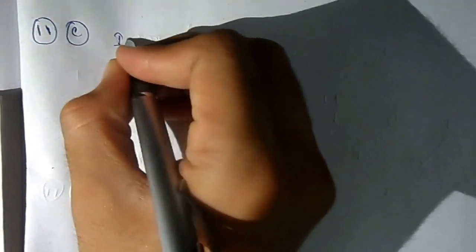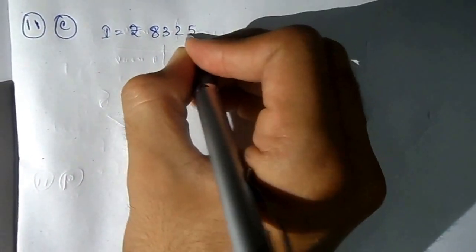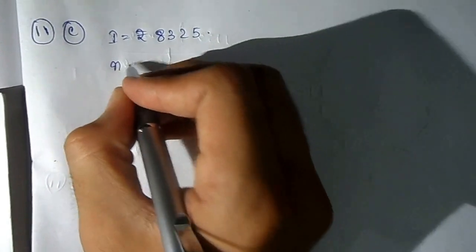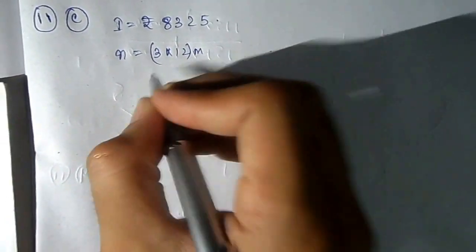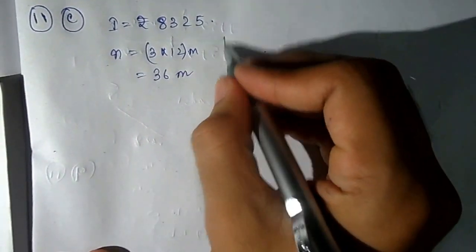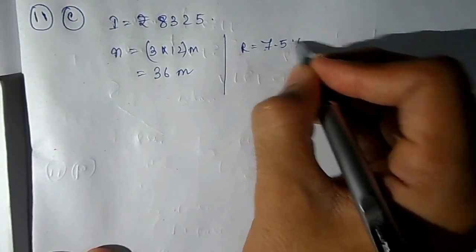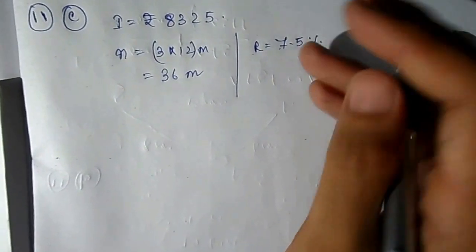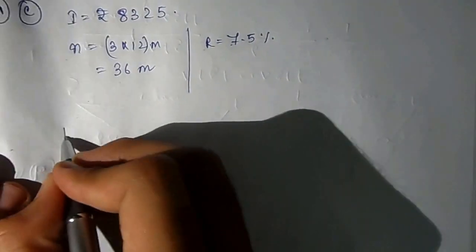The interest I equals rupees 8325. N is 3 into 12 months equal to 36 months. We have rate of interest equals 7.5%, and these are the details that we have been given. Now there is a simple formula of interest.